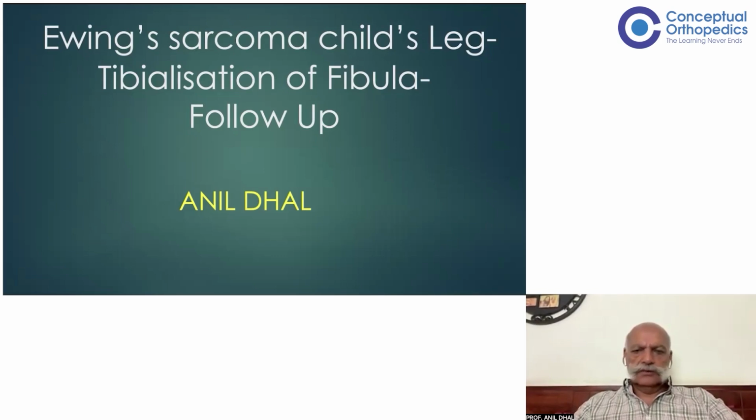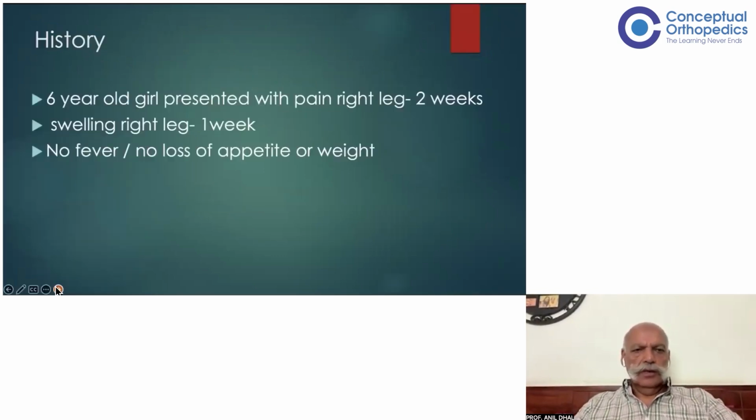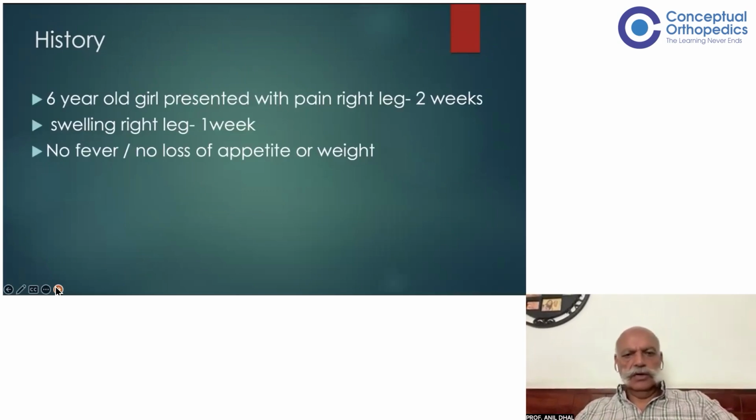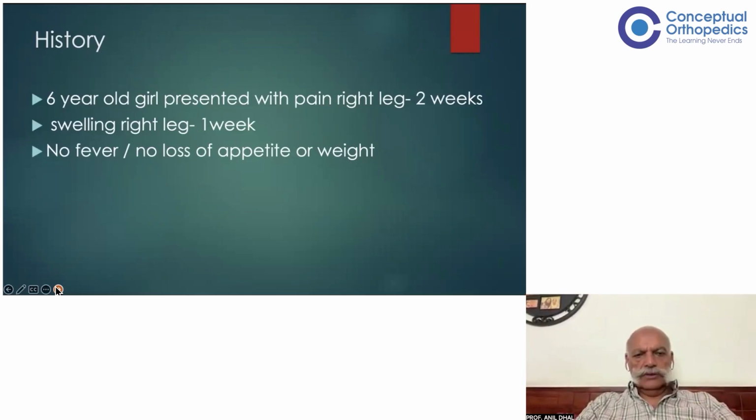So this case, just to recapitulate, initially there was a 6-year-old girl who presented to us with pain in the right leg of 2 weeks duration. And along with that, there was a swelling in the right leg of 1 week duration. There was no fever, no loss of appetite or weight.